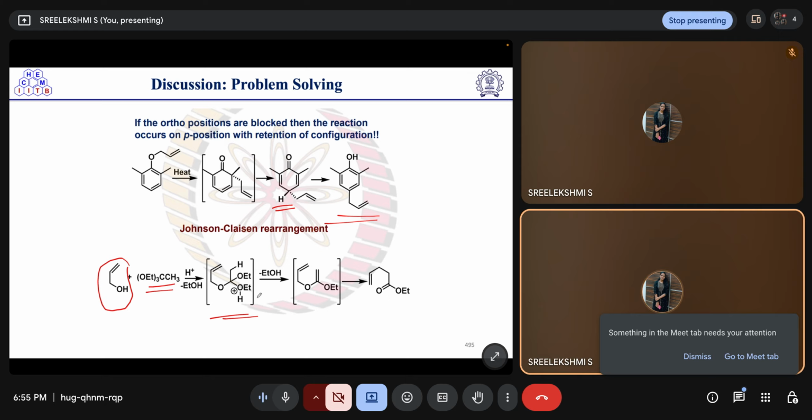It will give this compound. Then if one ethanol gets eliminated, we will get this type of compound. Then it can undergo this 3,3 sigmatropic rearrangement, and it will give this particular product. That is known as the Johnson Claisen rearrangement.